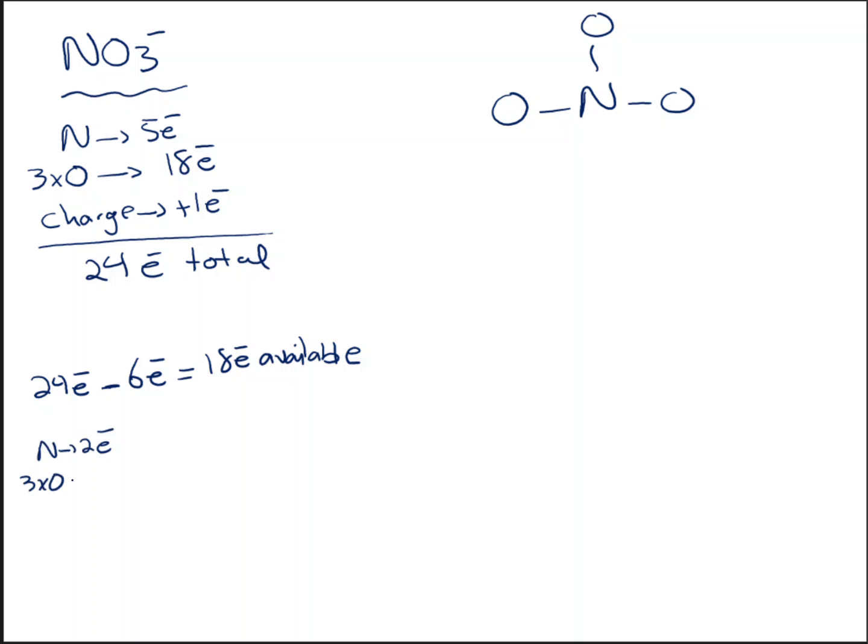Each oxygen needs 6. So it means 20 electrons are required to complete the octet of the skeleton I made. Now if we do available minus required, that gives me a -2. -2 meaning that I need 1 extra bond. Here is that 1 extra bond.